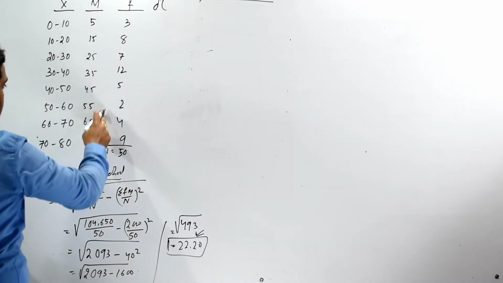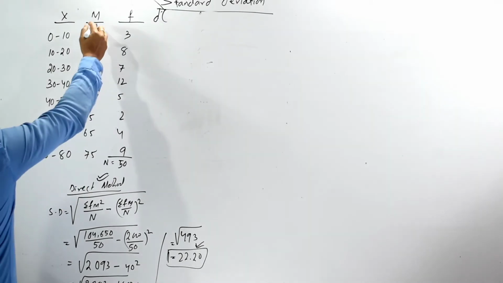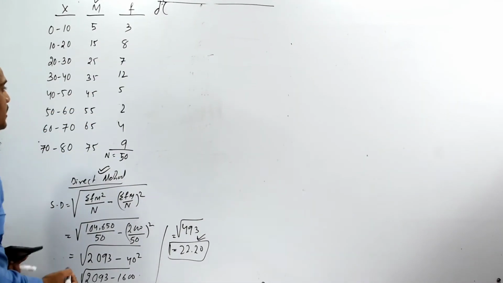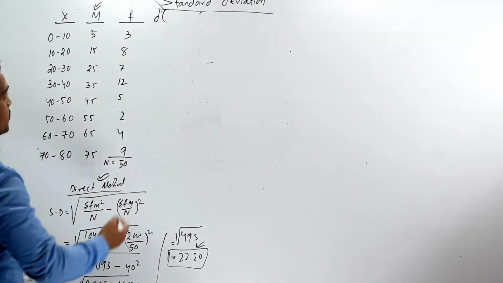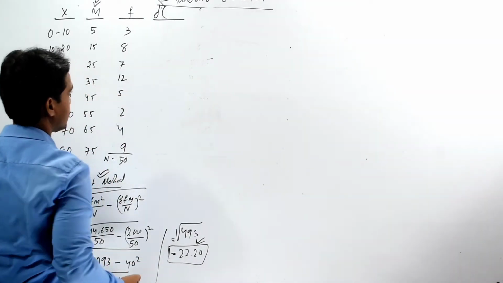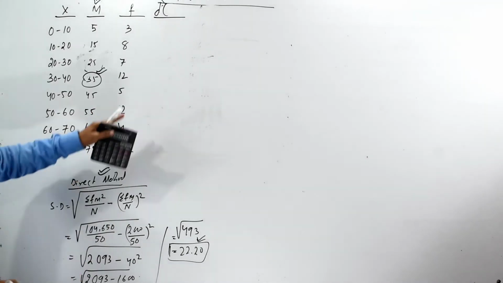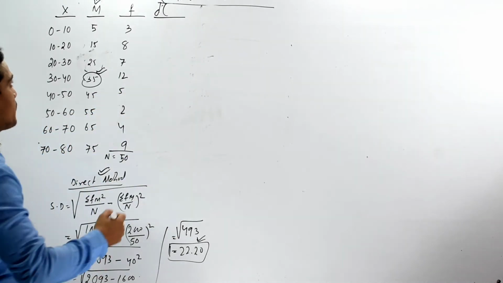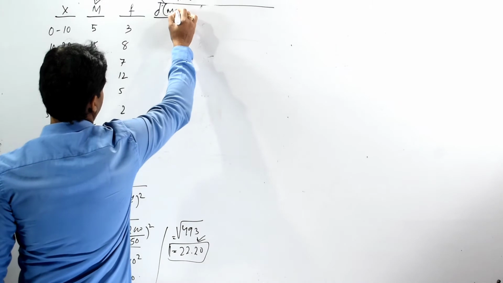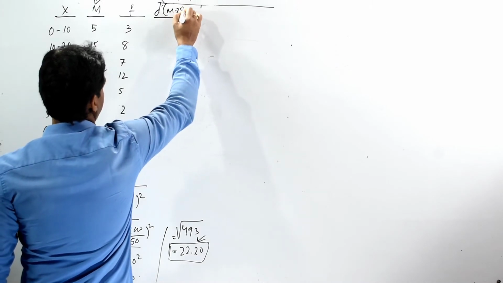So in case of a continuous series, first of all we should find out the midpoint, then we should find out deviation for the purpose of our shortcut method. So let's take our assumed mean as 35. So now find out deviations, that is m minus 35.